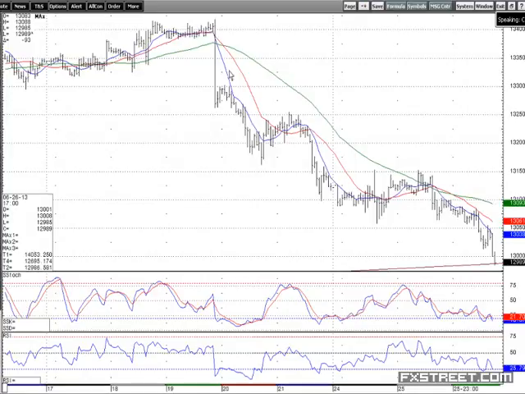You can see there that was not only a key reversal day, it was a huge spike lower, and it went through all three moving averages. So using a very short-term chart, it would have got you short anyway.